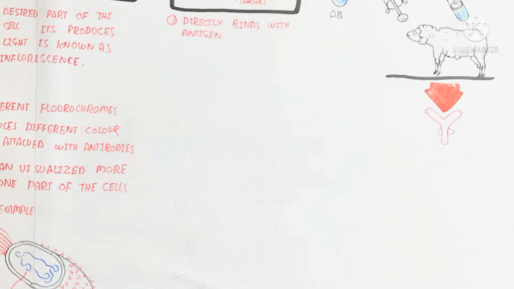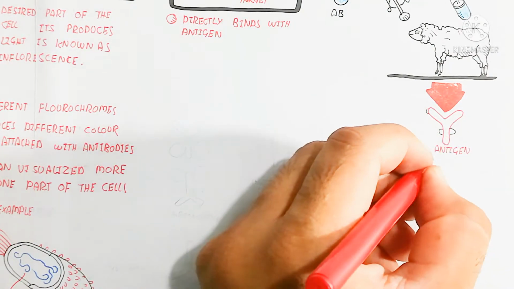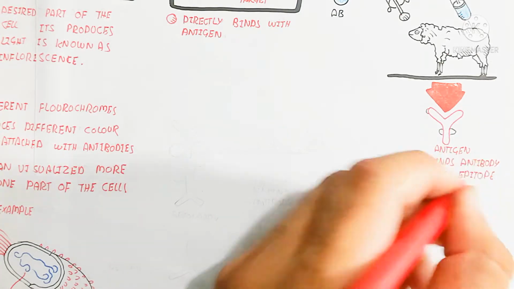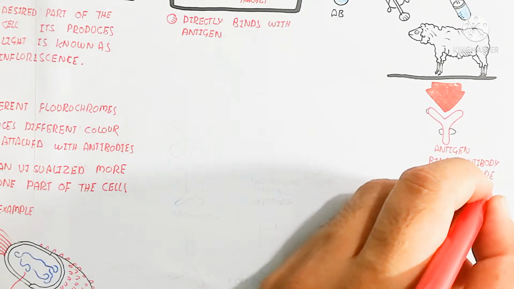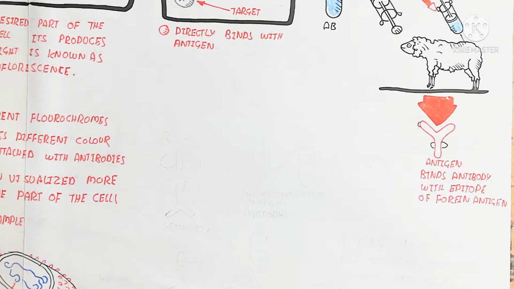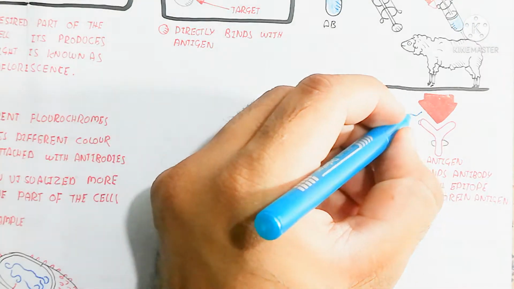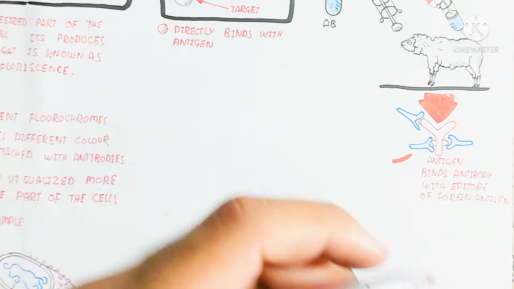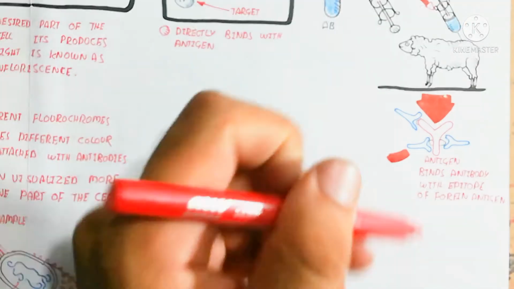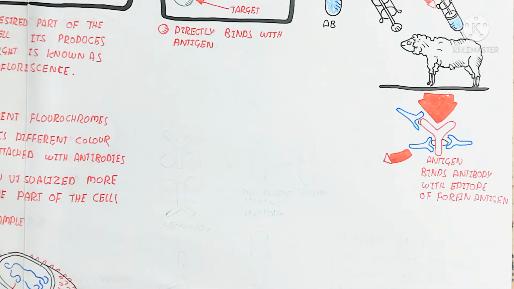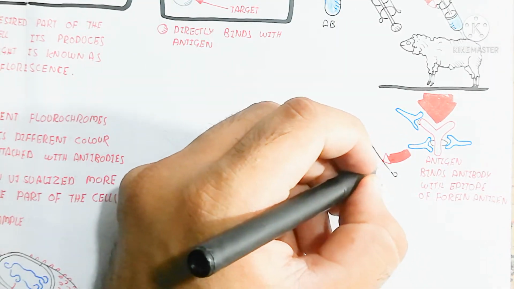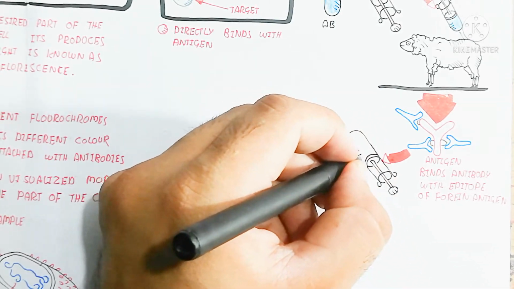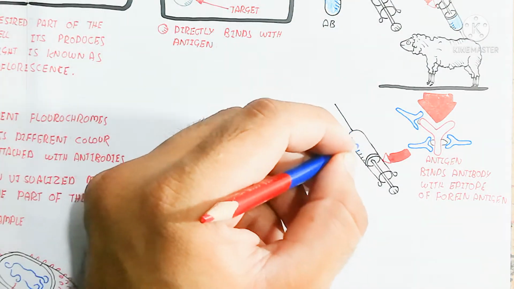The epitope binds with the antibodies recently produced by the animal. After this, we take the serum from the blood, which contains antibodies that bind the epitopes of the foreign antigen. So we have many antibodies against the primary antibodies, produced after recognition of the epitopes present on the primary antibodies.